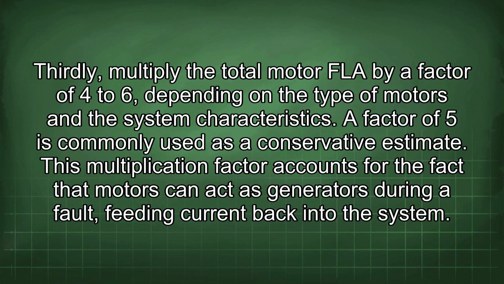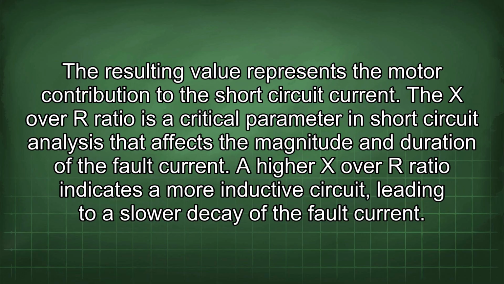Thirdly, multiply the total motor FLA by a factor of 4 to 6, depending on the type of motors and the system characteristics. A factor of 5 is commonly used as a conservative estimate. This multiplication factor accounts for the fact that motors can act as generators during a fault, feeding current back into the system. The resulting value represents the motor contribution to the short-circuit current.